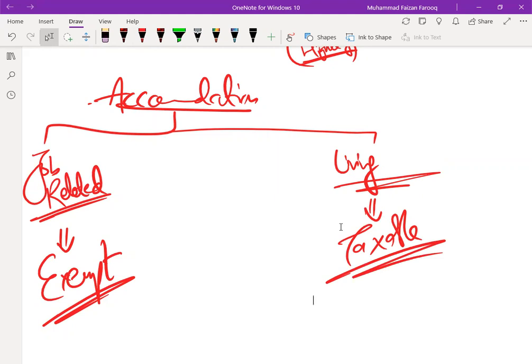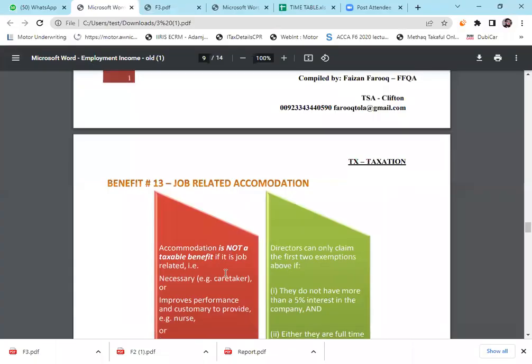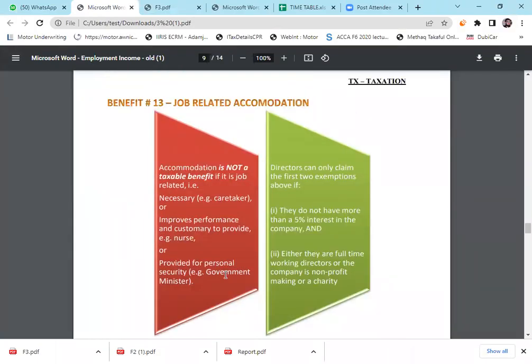How will we know whether what we are doing right now is the taxable one or the exempt one? So we have to memorize some conditions. There are three conditions for an accommodation to be treated as job related accommodation.